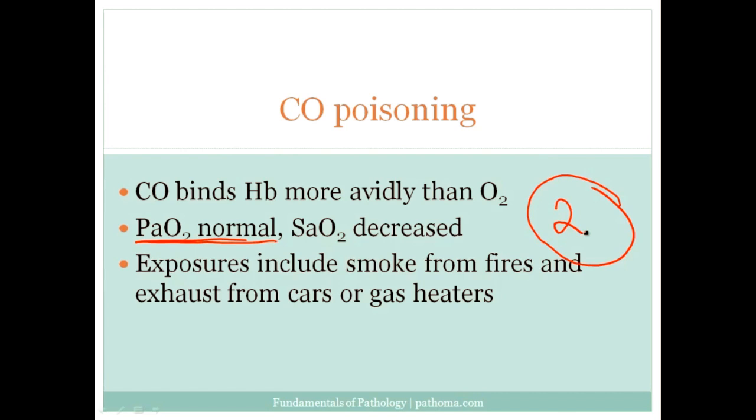Another important source would be exhaust from cars, and this is the classic example of a patient who might try to commit suicide by carbon monoxide poisoning, where they start their car and shut the garage door and the carbon monoxide slowly builds up within that closed space. A third way is via gas heaters, and that's a relatively high yield clinical scenario that can show up on exams.